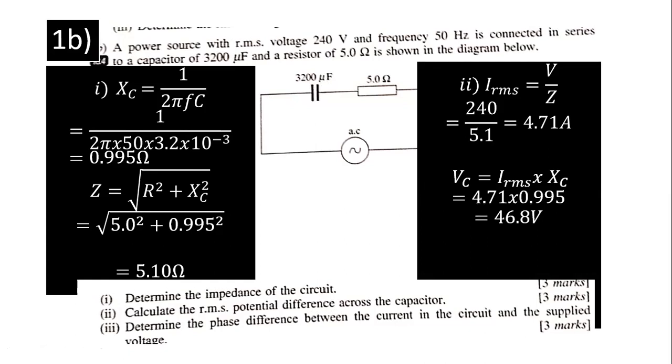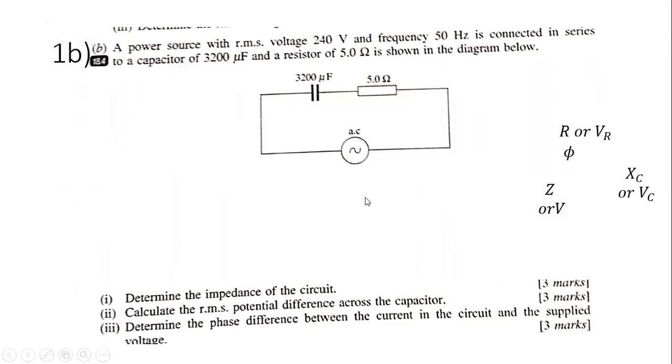Determine the phase between the current in the circuit and the supply voltage. Draw your triangle. This can be R or VR. This can be VXC or VC. This is your Z. This is a vector diagram, remember?